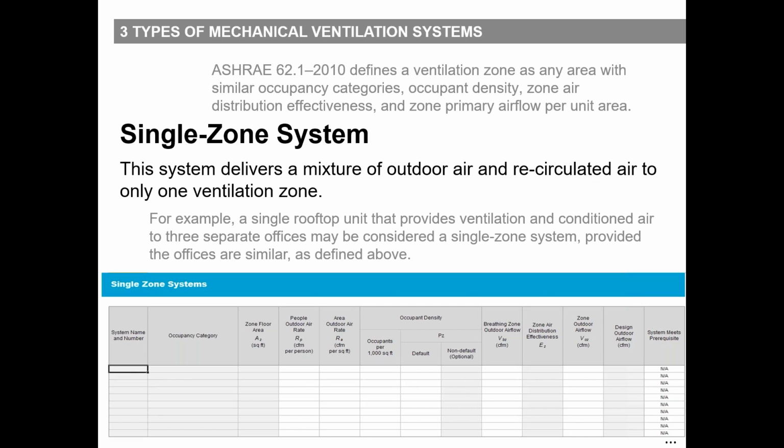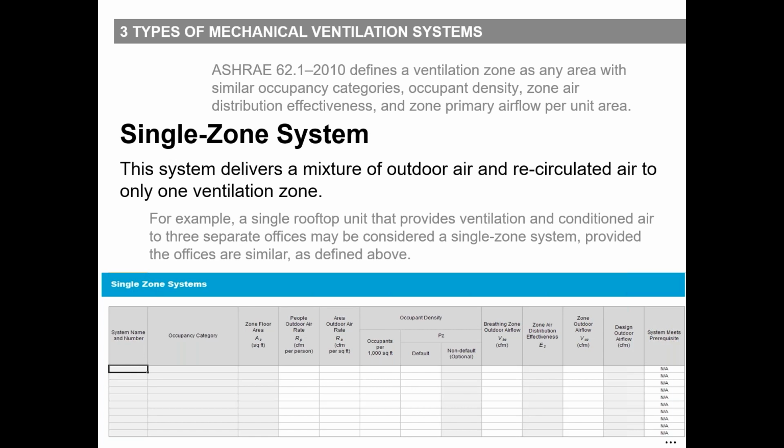A ventilation zone has to have similar occupancy categories, density, and air distribution effectiveness. So different office spaces could all be a single zone system. Conference rooms could all be a single zone system. But for example, a private office and a conference room would have 2 different air intake needs, and so those would be 2 different systems. Just a good thing to keep in mind.